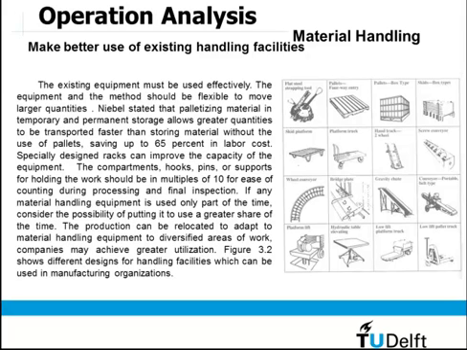Make better use of existing handling facilities. We have to go through a better way of using the existing handling equipment or handling facilities. The existing equipment must be used effectively.